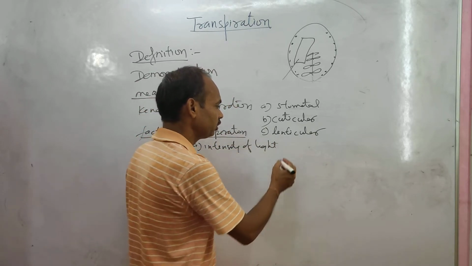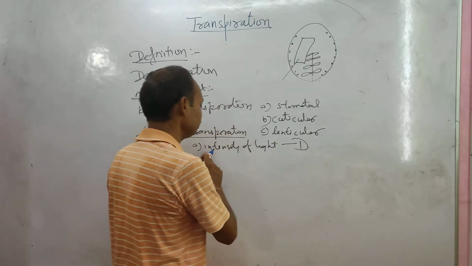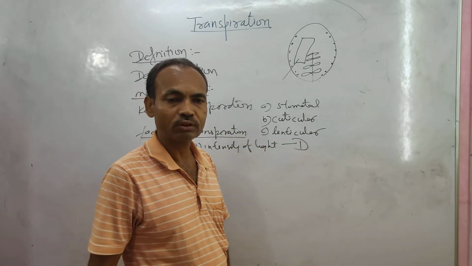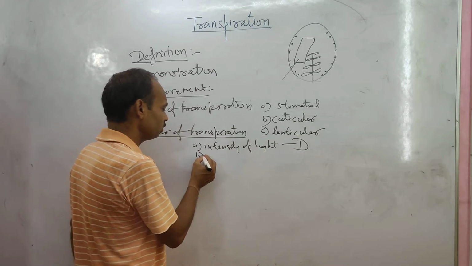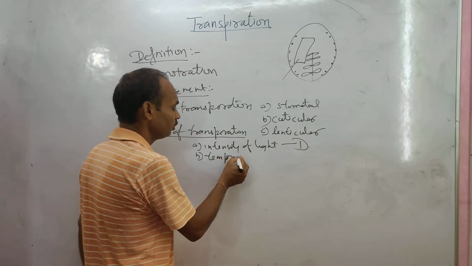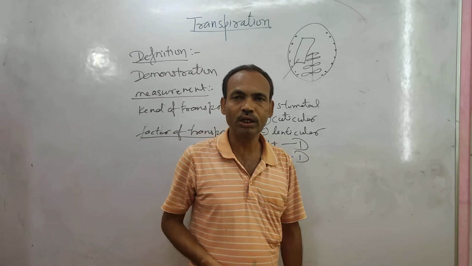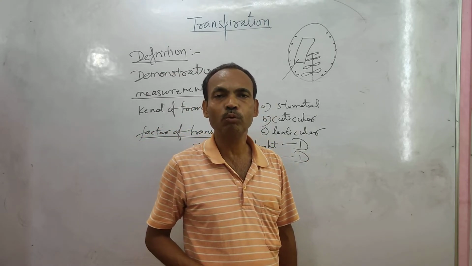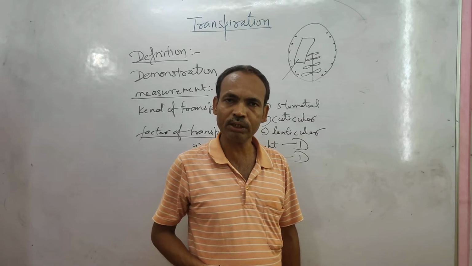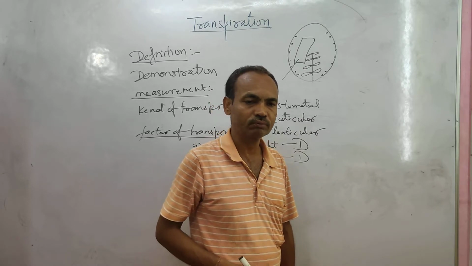It means it is directly proportional to the intensity of light. The second point, temperature. It is also directly proportional, because in more light, more transpiration occurs. In dim light, less transpiration occurs.